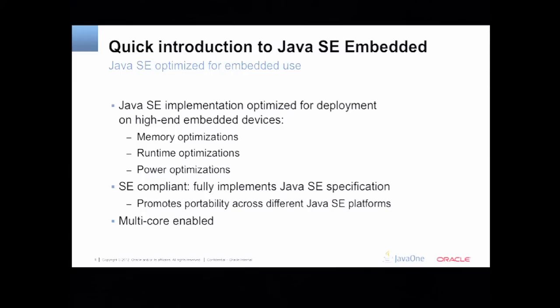When you think of Java embedded, let's say 5-6 years ago, you would probably think of Java ME, but we've seen an opportunity to move Java also to higher-end devices using Java SE, and we optimized it in a way so that it would run optimally on high-end embedded devices.